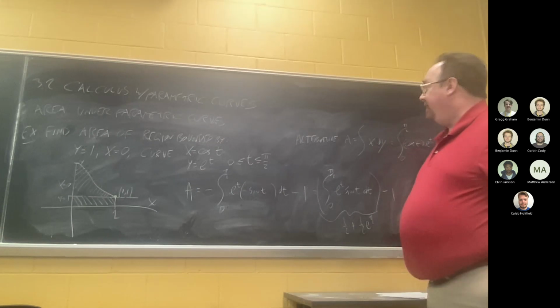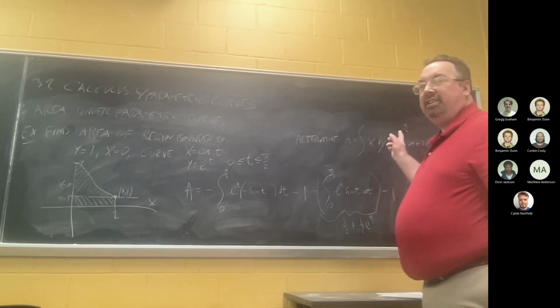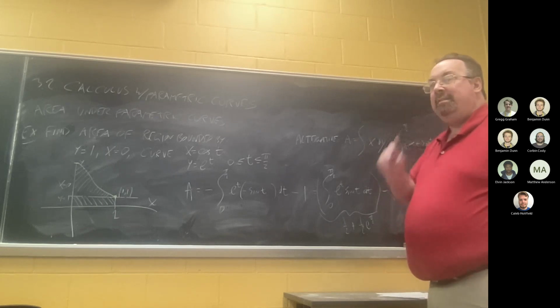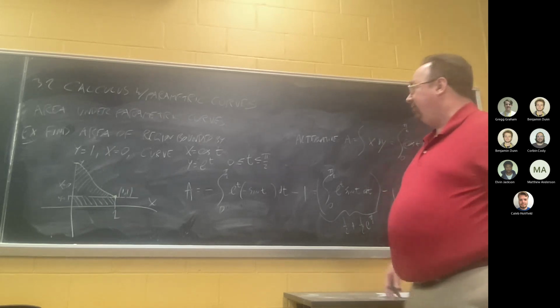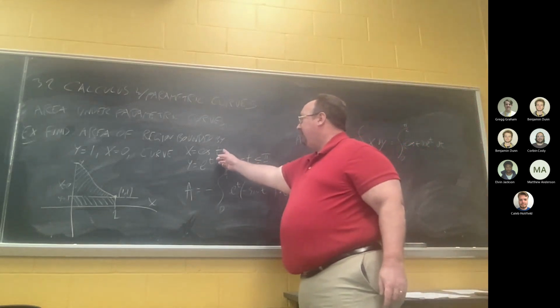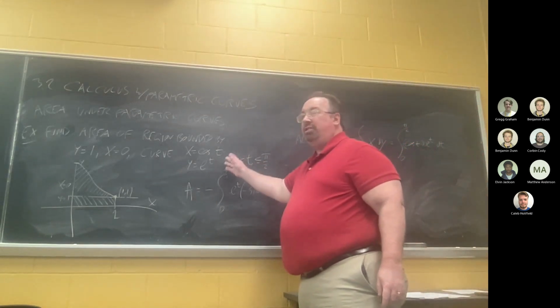The limits, 0 to pi over 2, don't change because we're still describing the curve with parametric equations involving t.